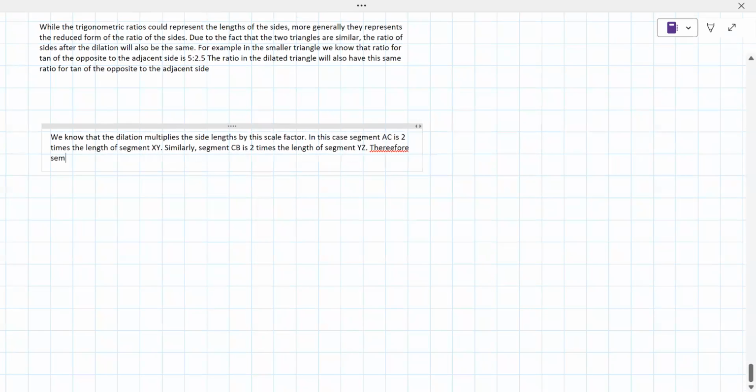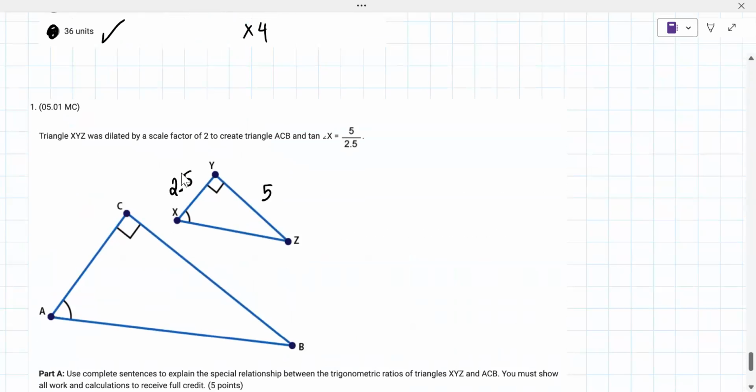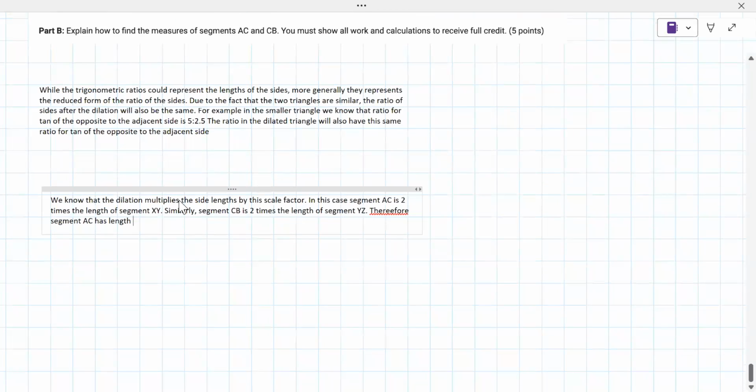Therefore, segment AC has length, go back and look at it, double 2.5 is 5, so 2 times 2.5 equals 5. And segment CB has length 2 times 5 equals 10.